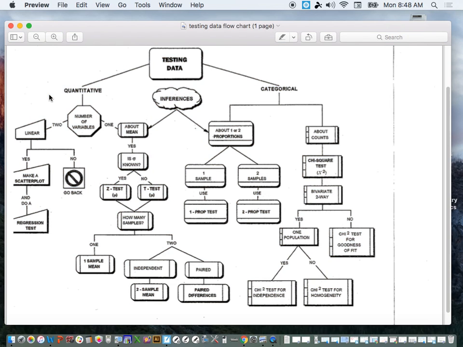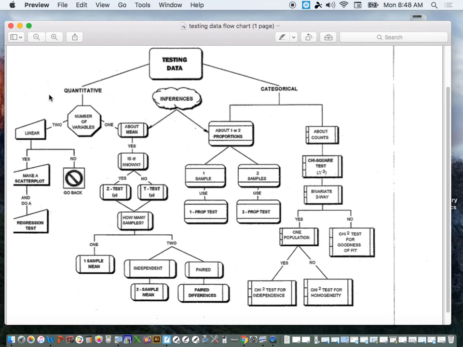If there's 1 variable, chances are it's going to be about the mean. Don't confuse 1 variable with 2 means. If we're comparing heights of people in Wisconsin versus heights of people in Minnesota, that would be 2 populations that we're drawing samples from, but there's still 1 variable, heights.